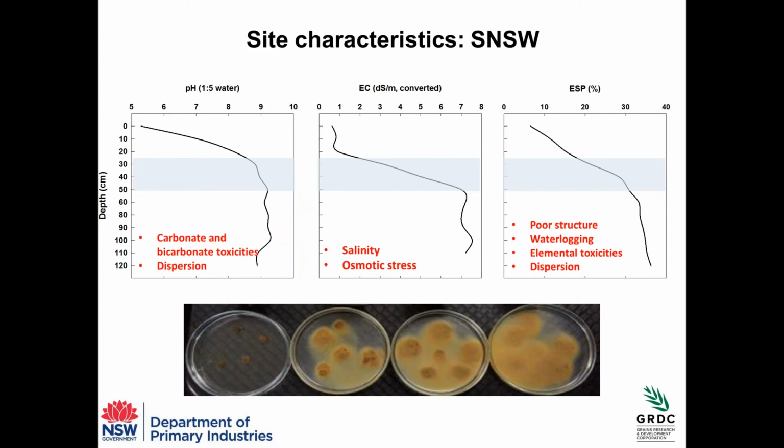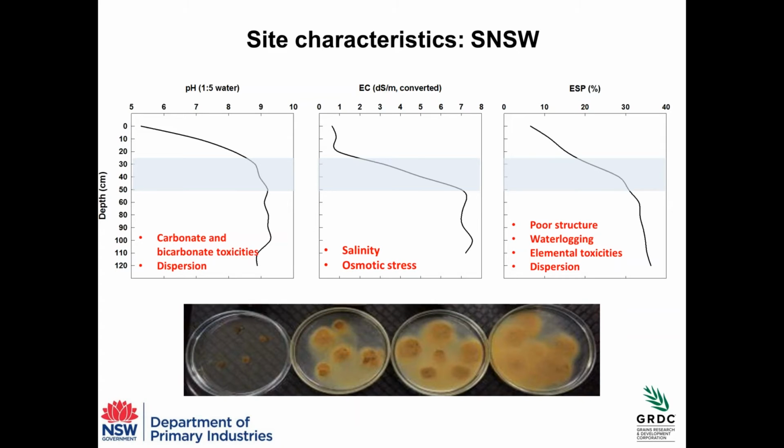The topsoil usually is not really dispersive, but dispersion increases with increasing depth. On its own, dispersion is a problem, as I explained, in terms of waterlogging, reducing infiltration, or affecting crop germination. So in this system, in one farm, we have quite a few issues.